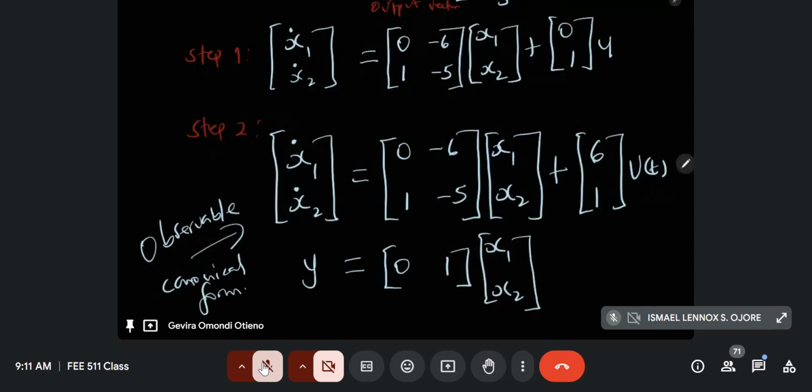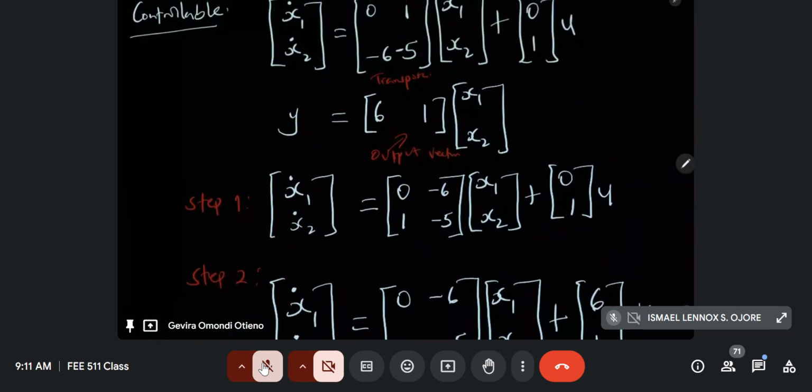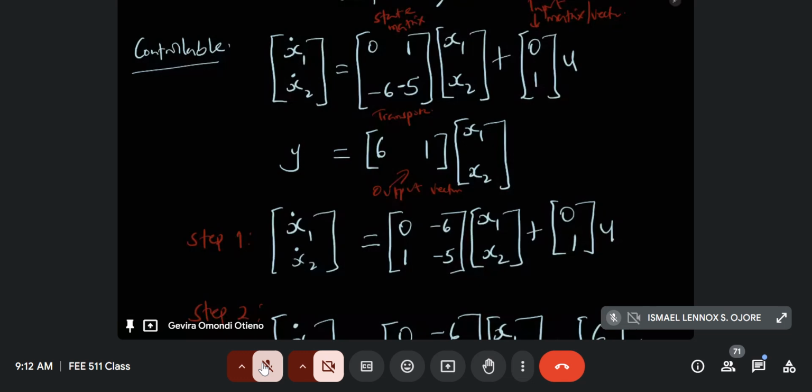Meaning, to get the observable canonical form, we must first get the controllable canonical form. Once we have the controllable canonical form, there are 2 steps to take us to observable canonical form. The first step is to transpose the elements of the state matrix. Once you transpose those elements, then you interchange the input matrix with the output matrix, or the input vector with the output vector.